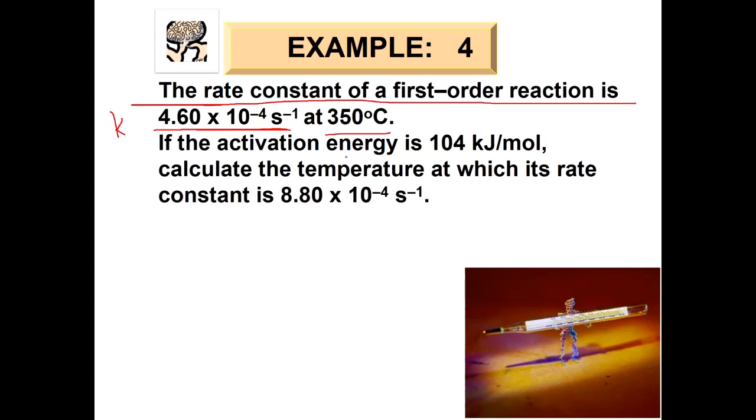If the activation energy is 104 kilojoule per mole, this one is Ea. Calculate the temperature at which its rate constant is 8.8 times 10 to the power -4 s^-1.